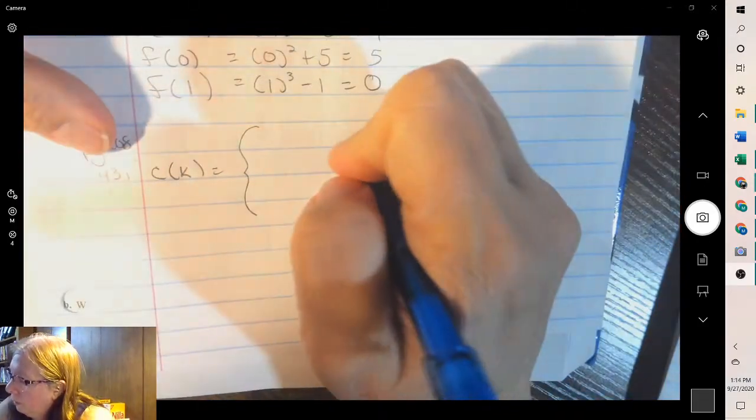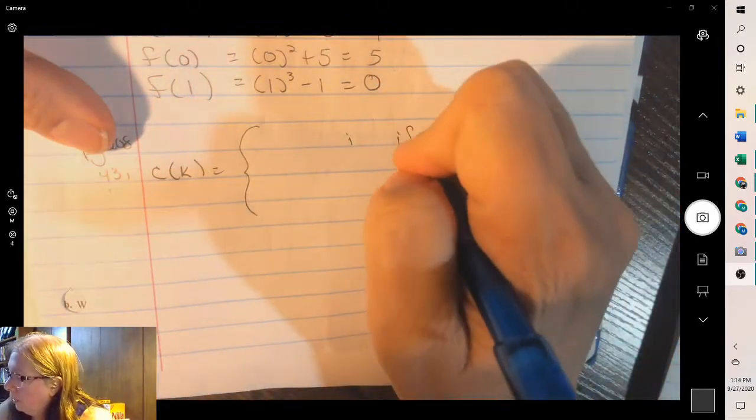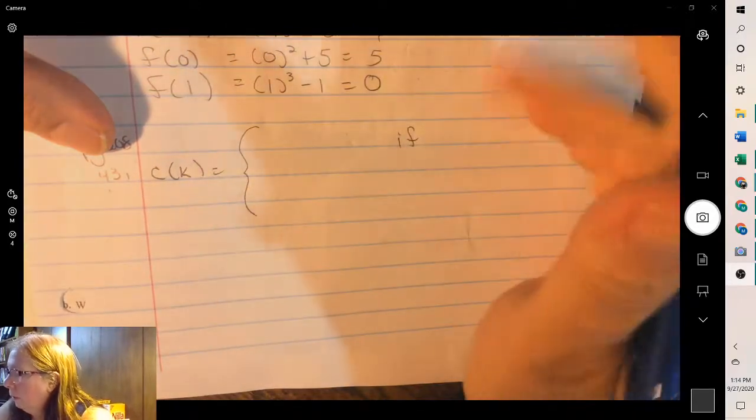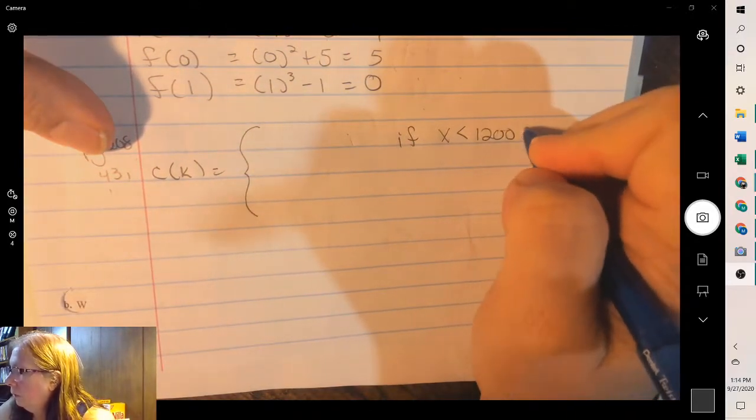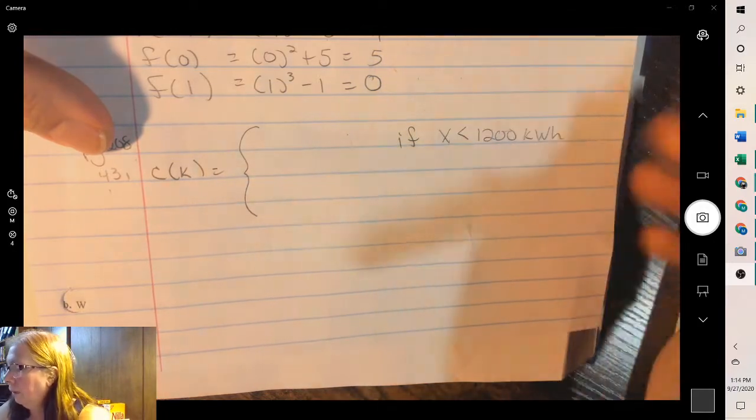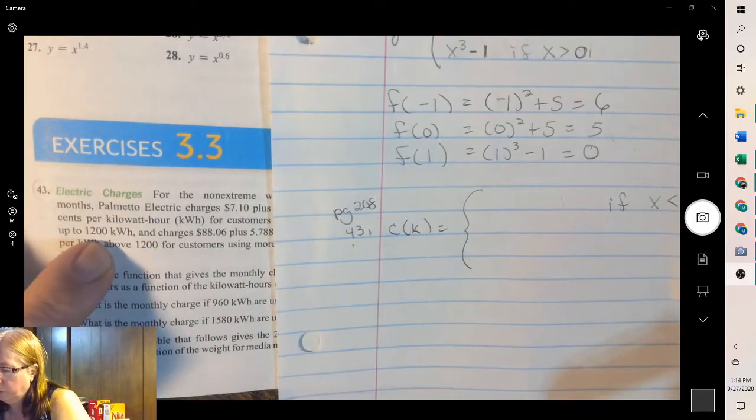So when, let me leave some space, if x is less than or equal to 1,200 kilowatt hours, because it says up to.